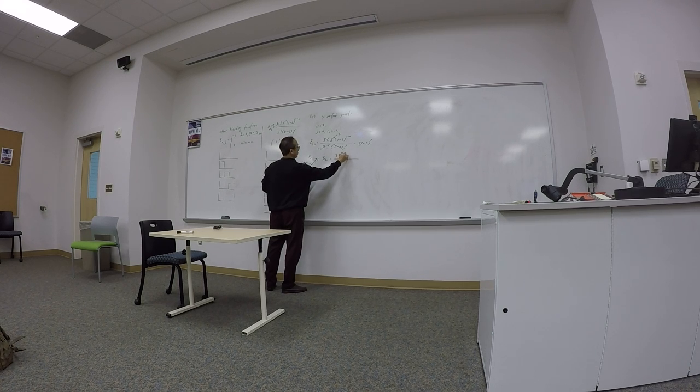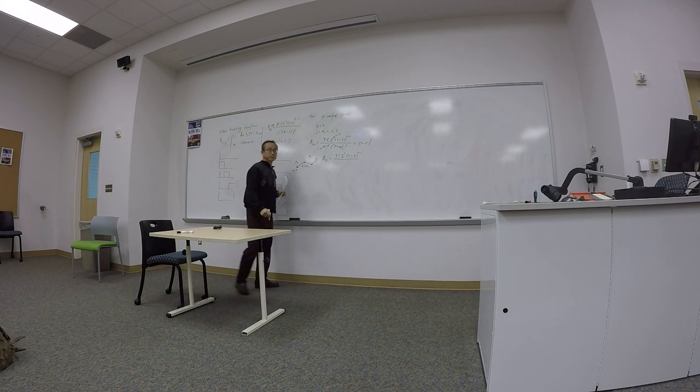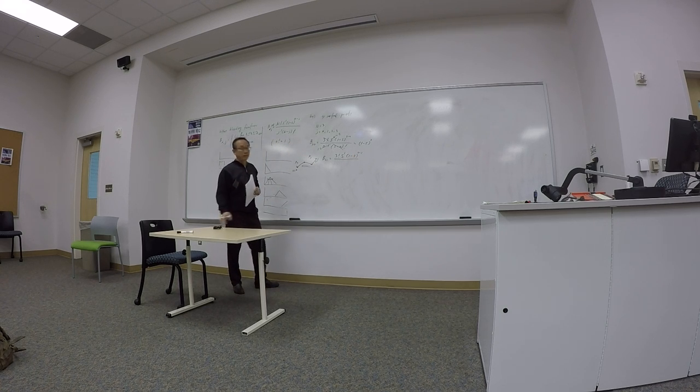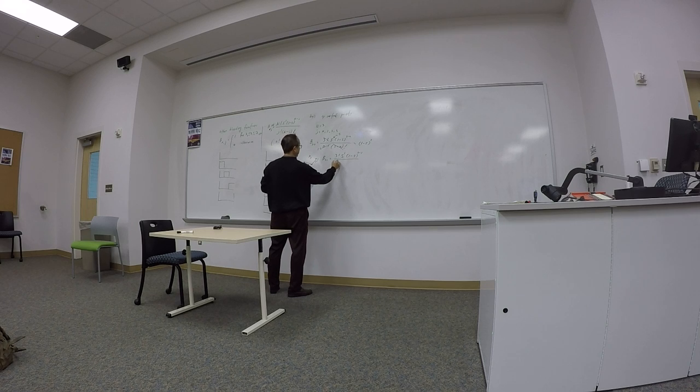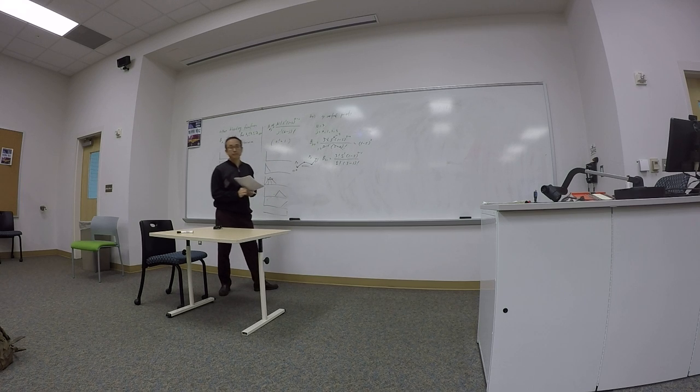J is what? 1. 1 minus S times what? 3 minus 1. That's your numerator. Denominator should be J. J is 1, so 1 factorial. And then N is 3, J is 1. Okay? Make sense?